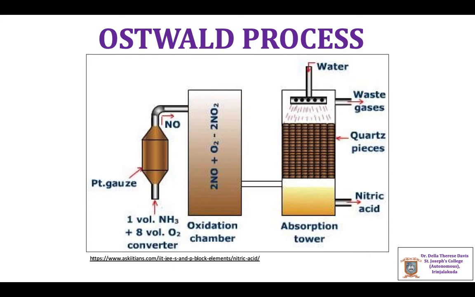And strong cooling of 98% nitric acid gives the crystals of nitric acid, which are pure, and these crystals are separated out and melted to give pure nitric acid, that is 100% anhydrous nitric acid.